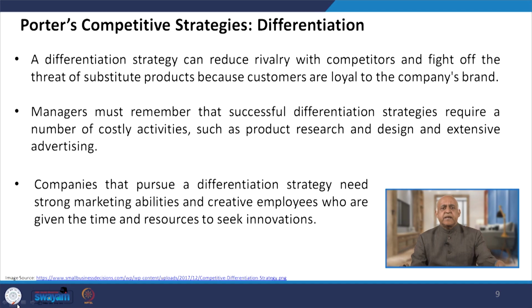Companies that pursue a differentiation strategy need strong marketing abilities and creative employees who are given the time and resources to seek innovations. So you have to decide what your differentiation strategy will be. Here your manpower, your managers, are very important, because creative employees are required.